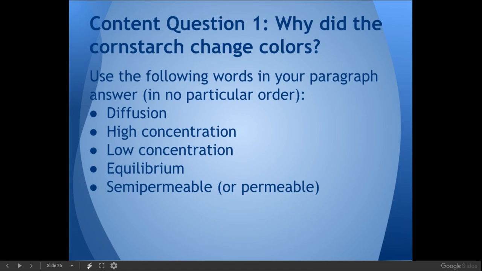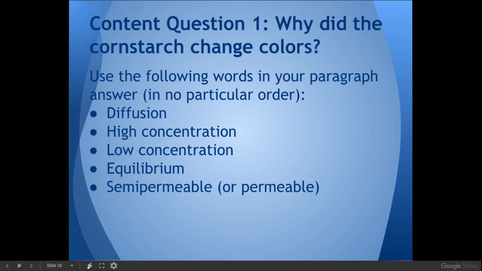Based on that video, we should be able to write a paragraph, or at least talk out a paragraph using these terms here: diffusion, high concentration, low concentration, equilibrium, semi-permeable, or permeable. So, where was the high concentration of iodine? The high concentration of iodine was outside the bag. The high concentration of starch was inside the bag. Where was the low concentration of starch?